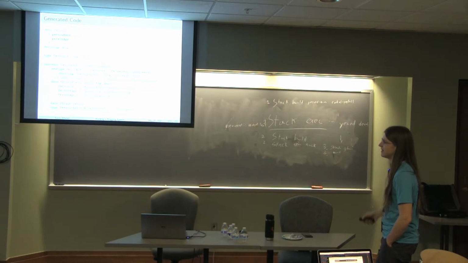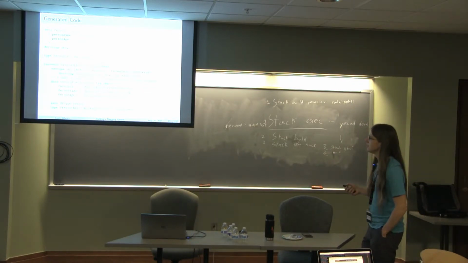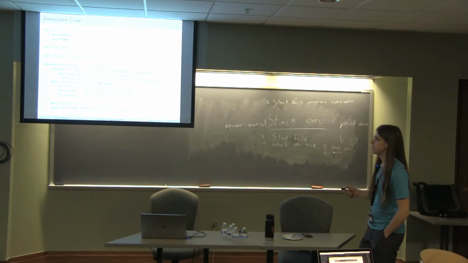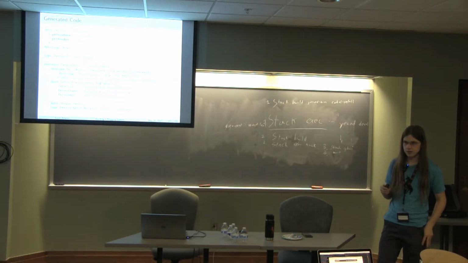And then there's GADTs here, which I'm not going to talk about much, but basically this gives us a way to tie the fields in our database to our table, or to our particular data type. So this lets us have things that talk about a particular column of our table.